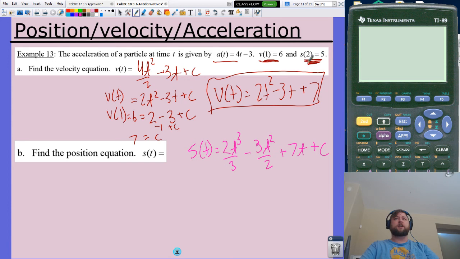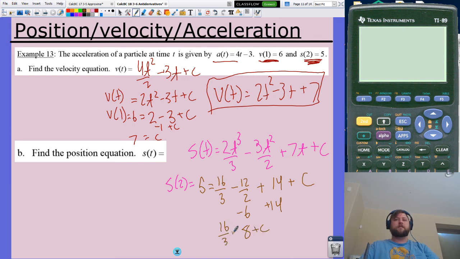And given my initial condition, s of 2 equals 5, which equals 2 times 2 cubed, which is 8 times 2 is 16 thirds, minus 12 halves plus 7 times 2 is 14 plus c.